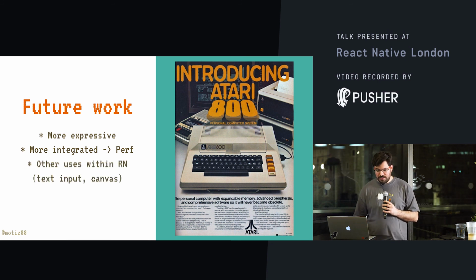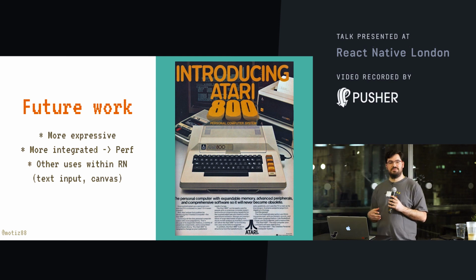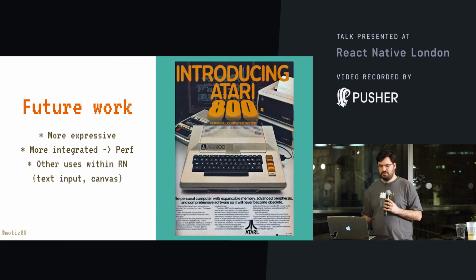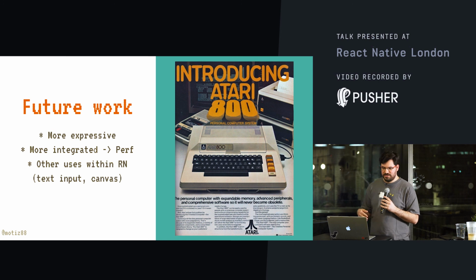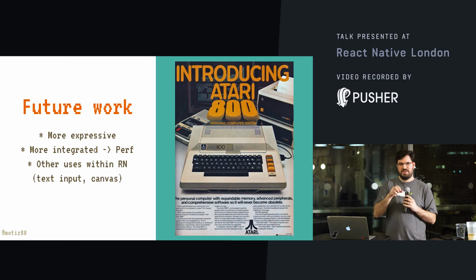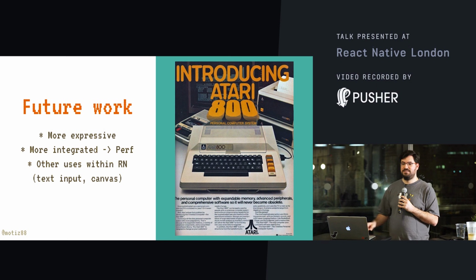And one thing that I find really interesting is that a similar approach can have other uses within React Native. So why stop at animations? Are there any other places where we might want to ship a micro program over the bridge for it to have all sorts of effects on the native side? People have mentioned text input.